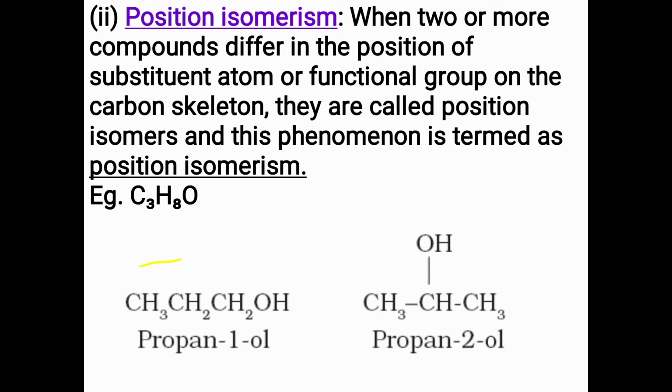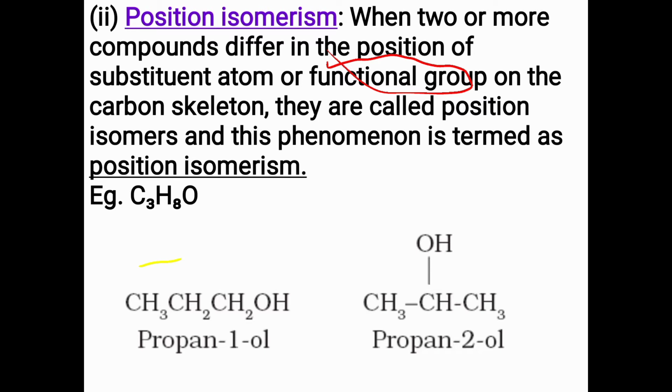Next we come to the position isomer. In position isomer, two or more compounds differ in the position of the substituent atom or functional group. Please note, substituent atom and functional group, on the carbon skeleton. They are called position isomers, and this phenomenon is termed position isomerism.